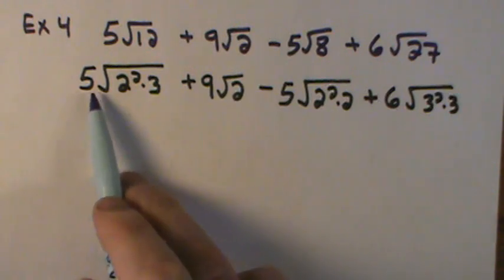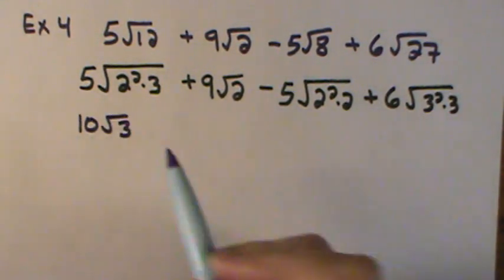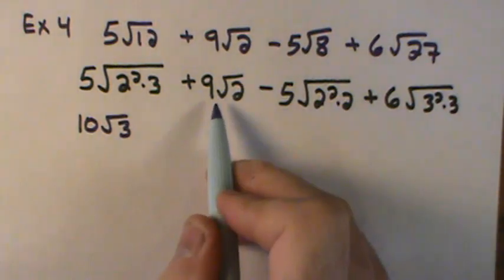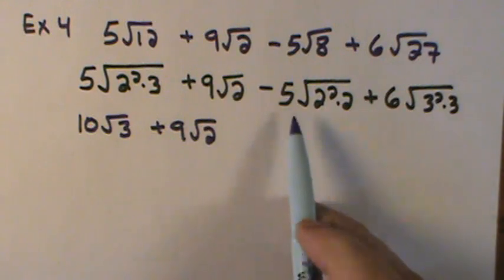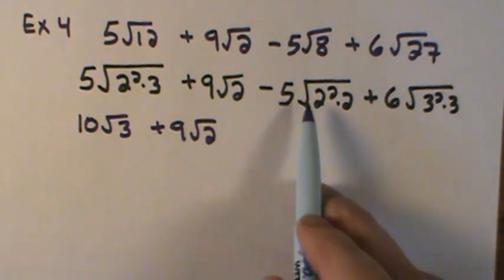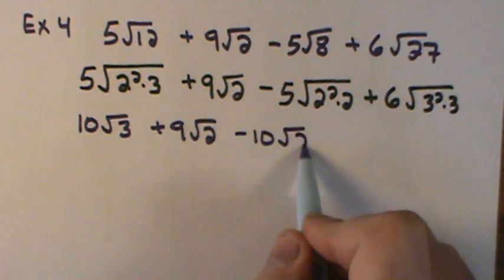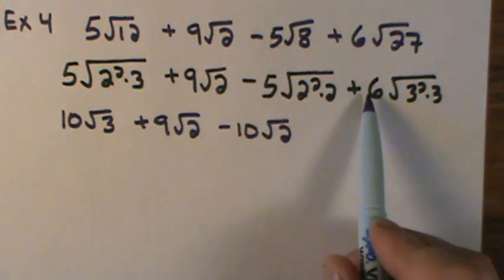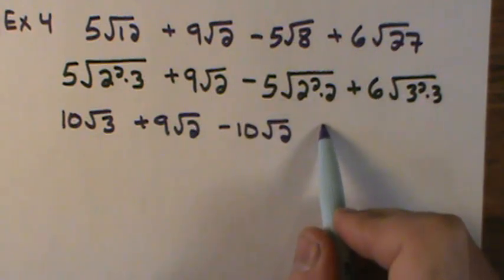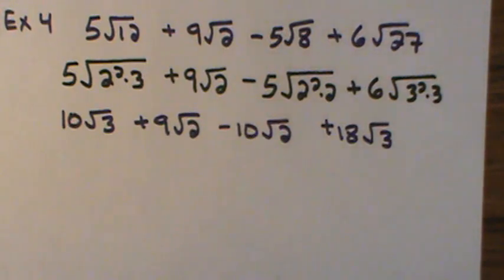So this becomes 5 times 2, which is 10, radical 3. Second term does not change. Third term, the 2 can come out. 2 times negative 5 would be negative 10, radical 2. And this last term, I bring the 3 out. 3 times 6 is 18, radical 3.